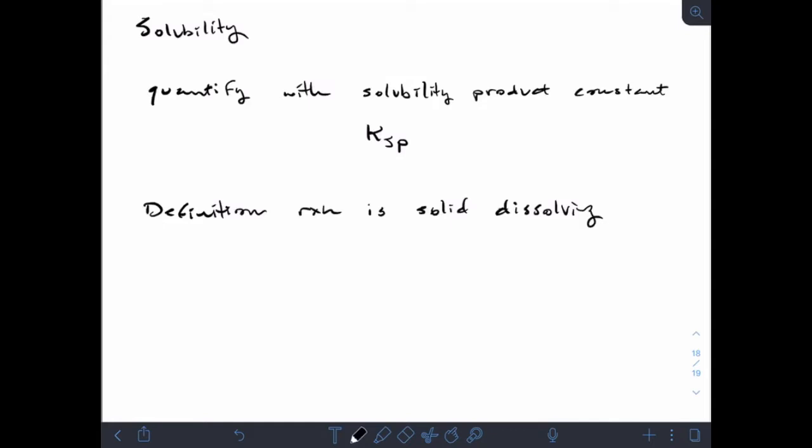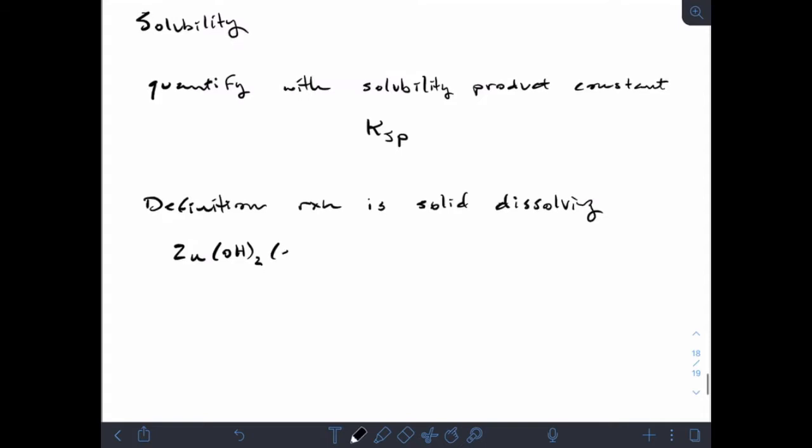Okay, so we're going to take a solid and we're going to break it up into its ions. We're going to dissolve the solid. So if I have something like zinc hydroxide, some solid zinc hydroxide, it actually makes an equilibrium with its ions.